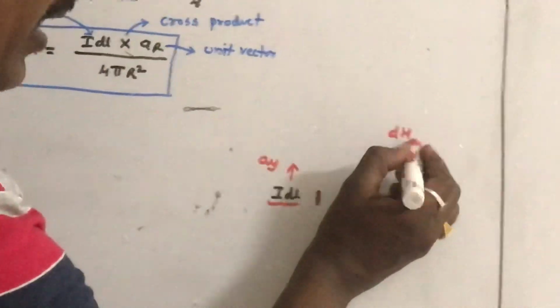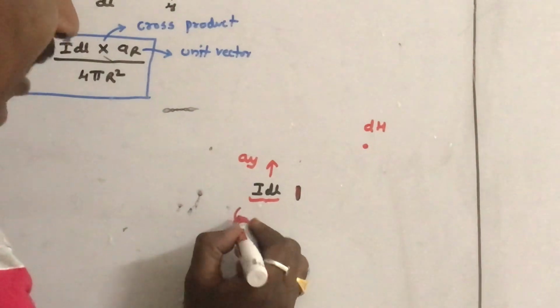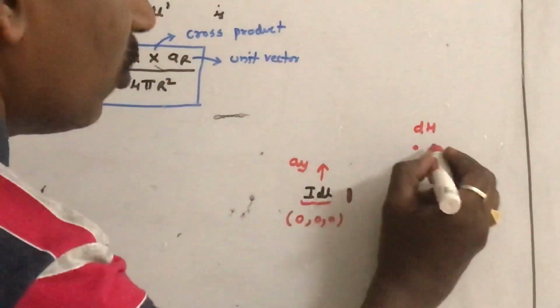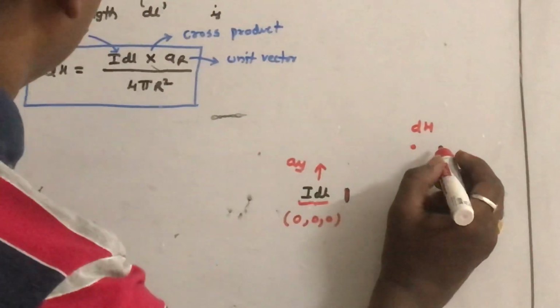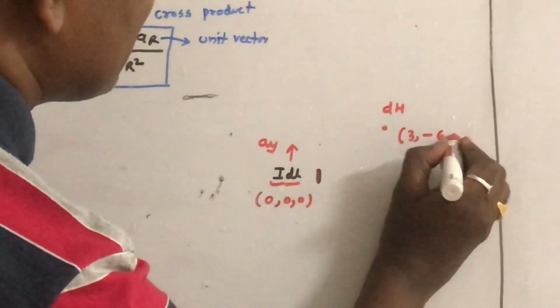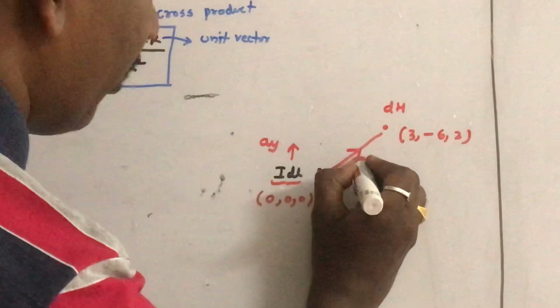So we want to find out the magnetic field intensity because of this. Where is this differential current element located? It is located at the origin. So we want to find out H at which point? (3, -6, 2). So we want to find out dH at this location.